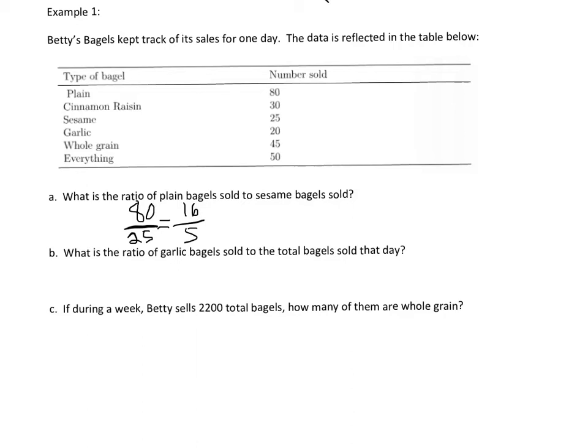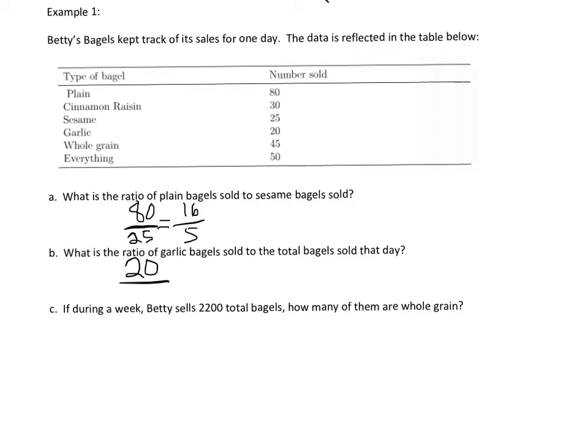And the next question is, what is the ratio of garlic bagels sold to the total number of bagels sold in that one day? This is a similar problem, but just thinking about over the total rather than comparing two specific kinds of bagels. So I start the same way with figuring out how many garlic bagels were sold, and it looks like 20.